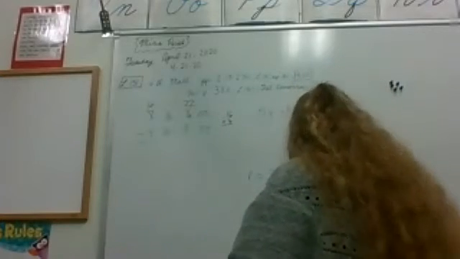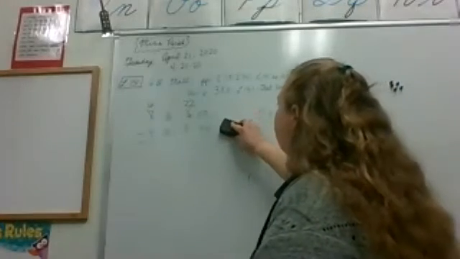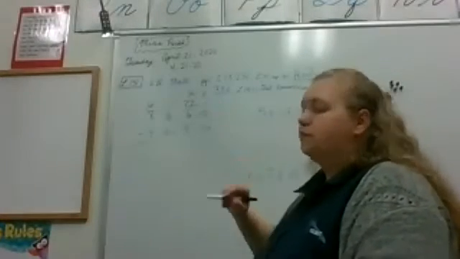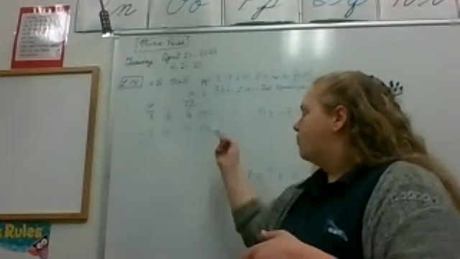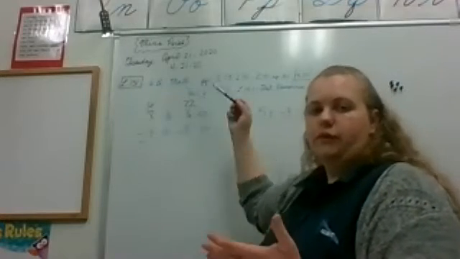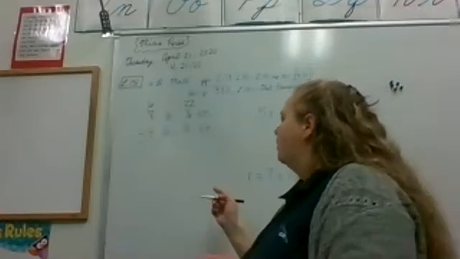Right now it is important that you have the right numbers, because if you have the wrong number up here and you subtract, you're going to get the wrong answer. So we want to make sure we do that.